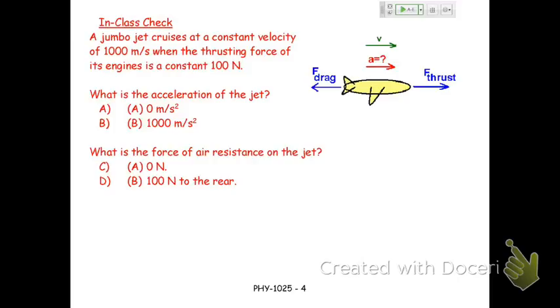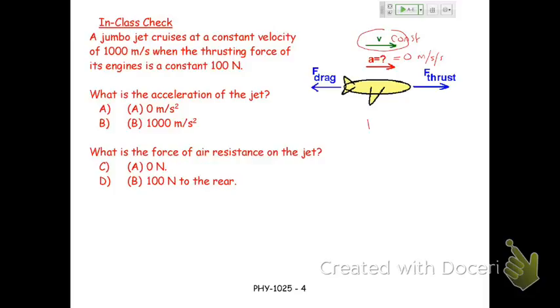I'm being a bit kind here. I told you it was a constant velocity, so V is constant. What that means is that the acceleration equals 0. If it's not changing, it's not changing. So I'm giving you some information there without actually saying it. And then it asks, what is the acceleration of the jet?